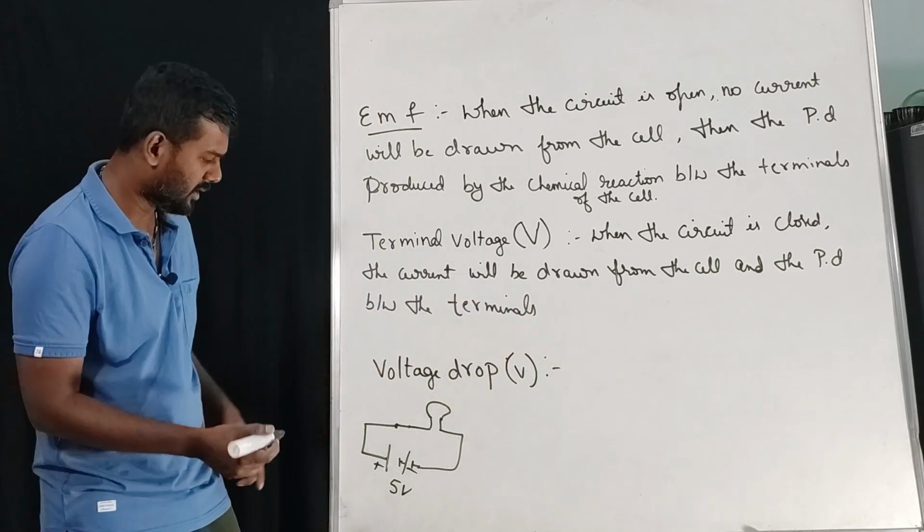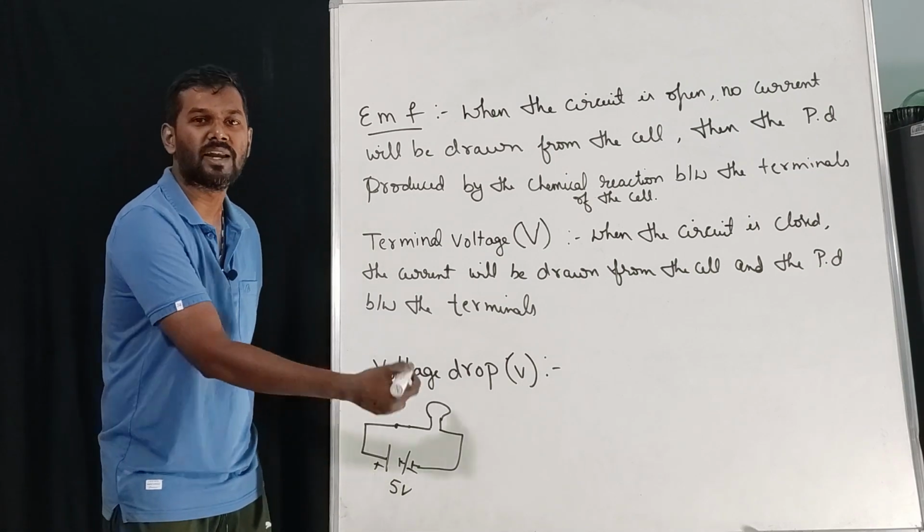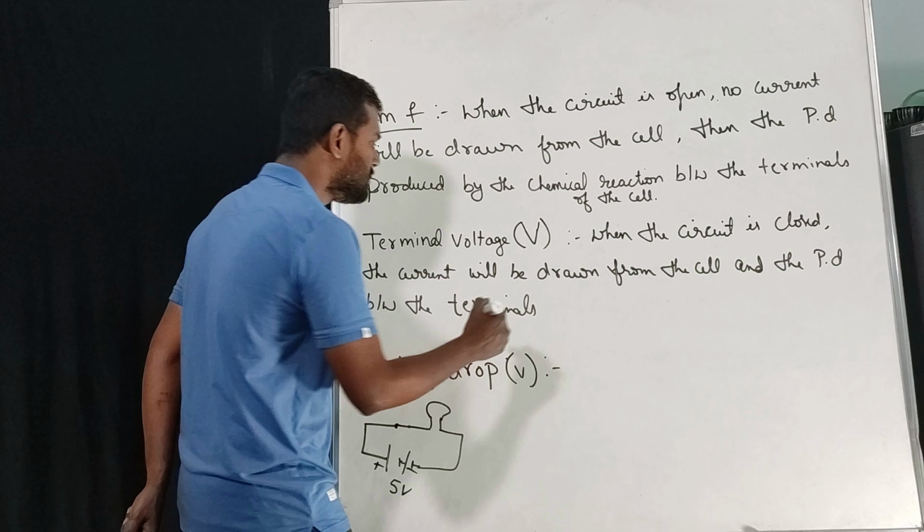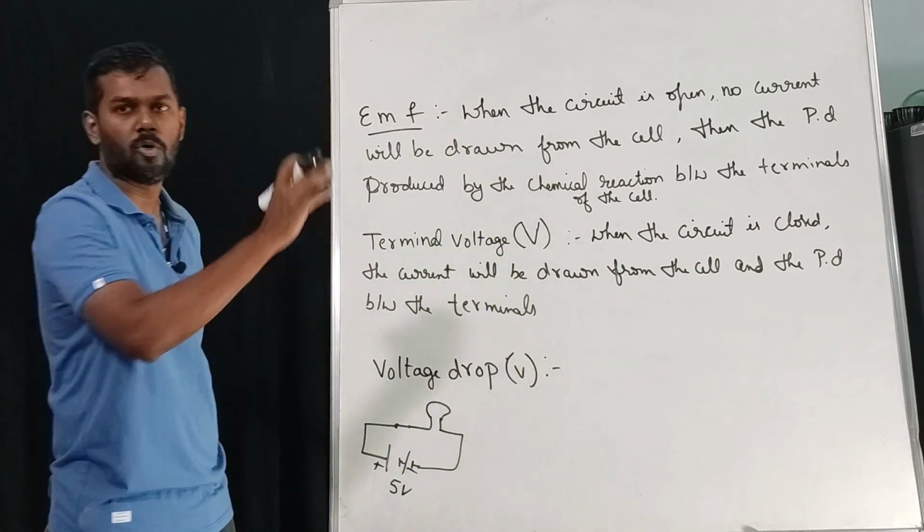Terminals are nothing but these electrodes, positive and negative electrode, plus and minus. The potential difference between the terminals is called terminal voltage.